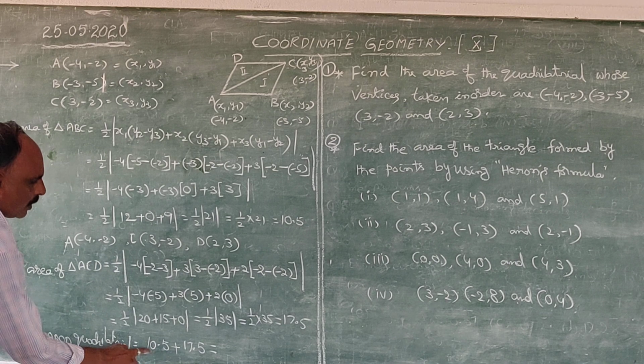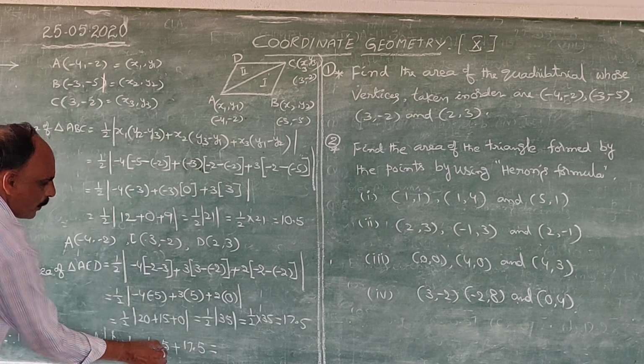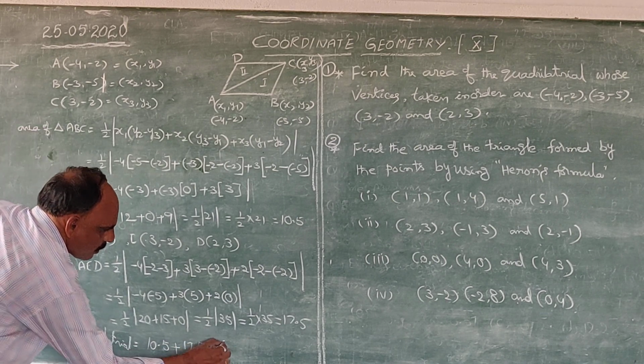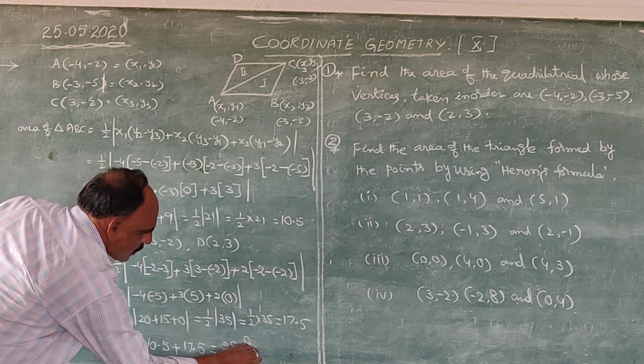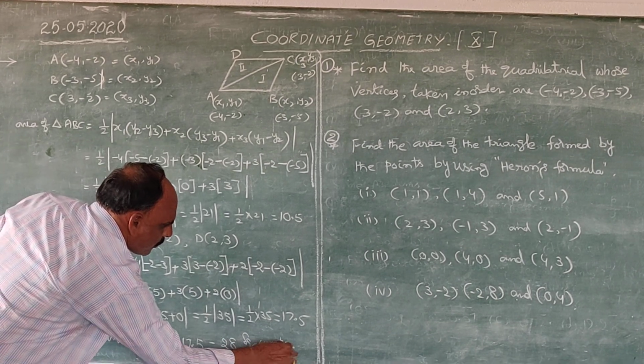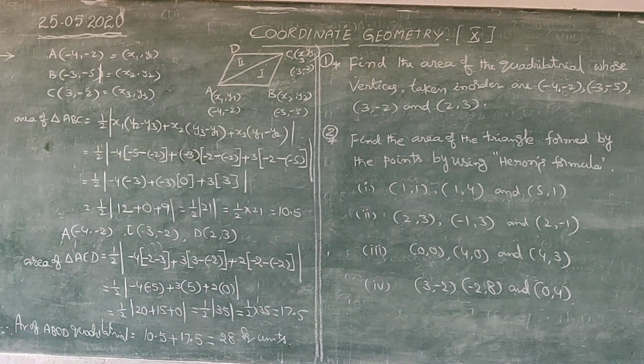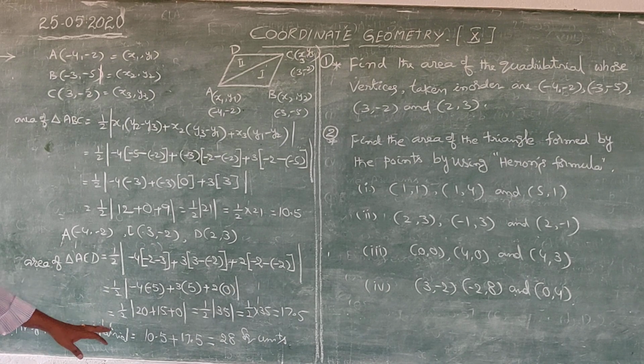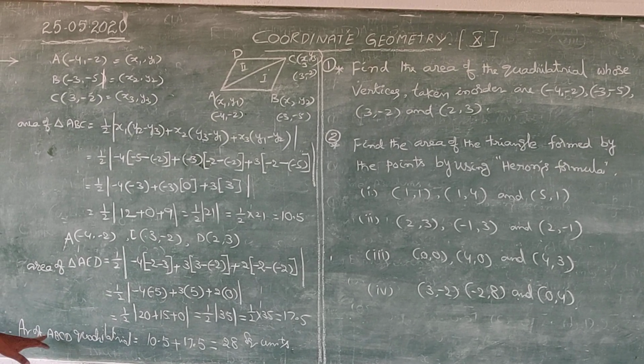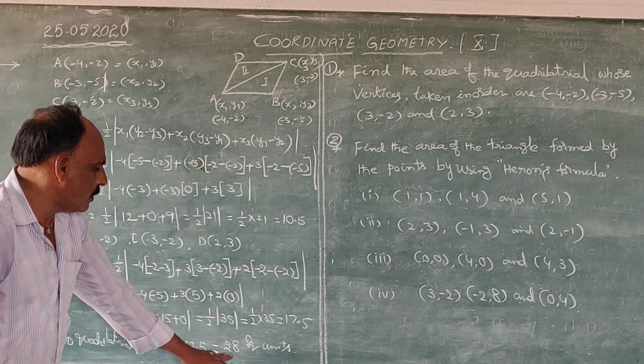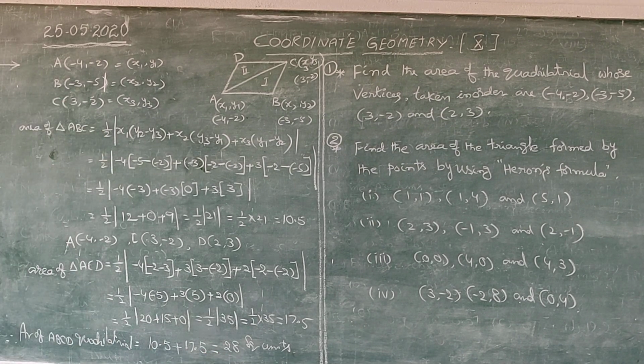That is 10 plus 17 is 27, and 0.5 plus 0.5 is 1. So 28 square units. So the area of quadrilateral ABCD is 28 square units.